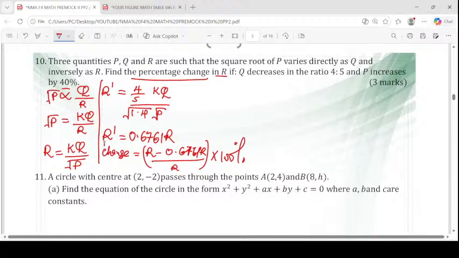This gives me the percentage change. When you work it out, this will become 0.32.